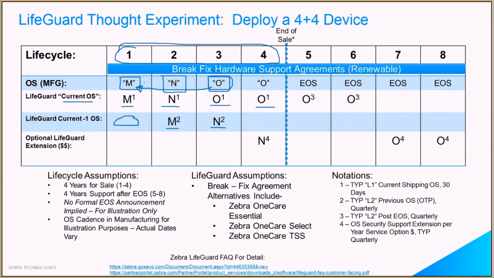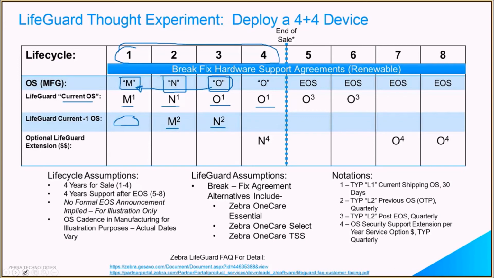Well, that's excellent. You were far more eloquent in your description of this than I was at the top of the recording. But one thing I did want to clarify, I did like the fact that you mentioned how you can basically down-rev from one OS to a previous OS. In this case, you said O to M. A couple of things that I wanted to just clarify. This is a thought experiment. It's not around a specific device.